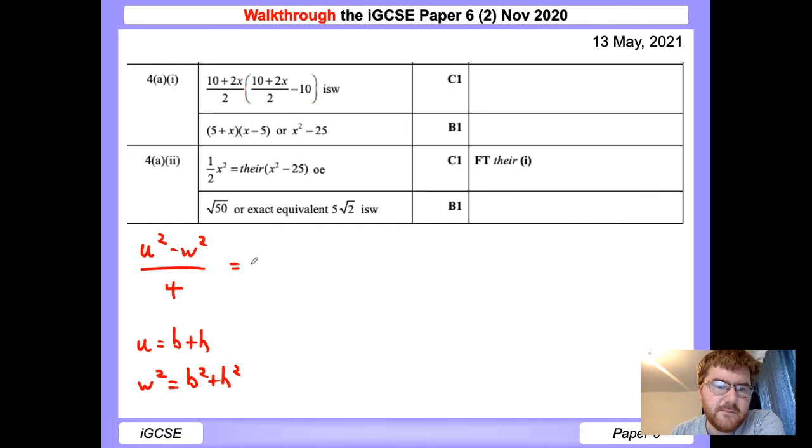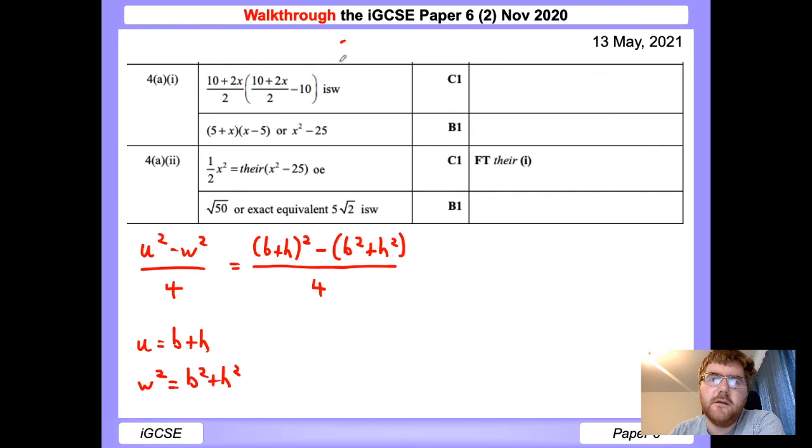So U is equal to B plus H, so we get B plus H all squared, minus W squared, so minus, open brackets, B squared plus H squared over 4. This is a double bracket, so remember, B plus H squared is the same as timesing it by itself, so B plus H times B plus H. So we get B squared.